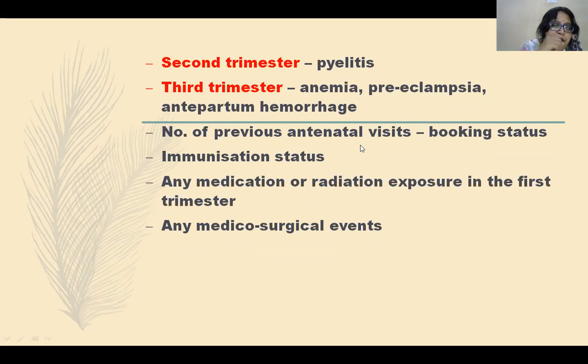Next, you need to know the immunization status. What is the immunization we give in pregnancy? What are the immunizations that are important during pregnancy? Yes, TT, 2 doses of TT, which she has to take during the 4th and 5th months.